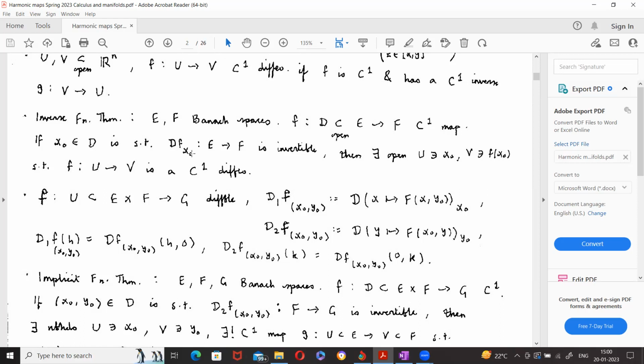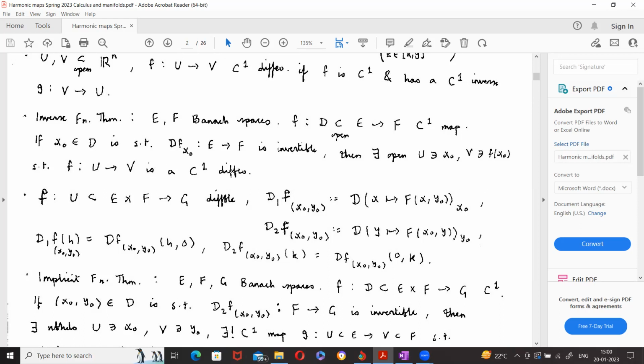Okay. So the inverse function theorem says, if at a point the derivative at x0 is an invertible linear map from E to F, that means it's a bounded linear map with a bounded linear inverse, then there exist open neighborhoods U of x0 and V of f(x0), such that f from U to V is a C1 diffeomorphism.